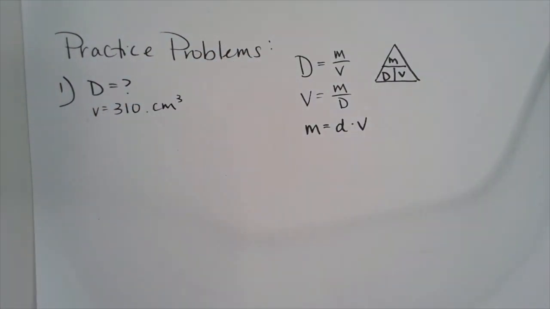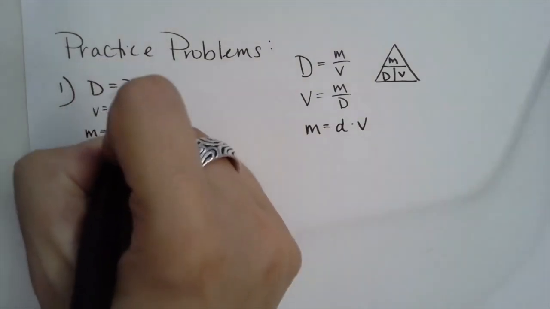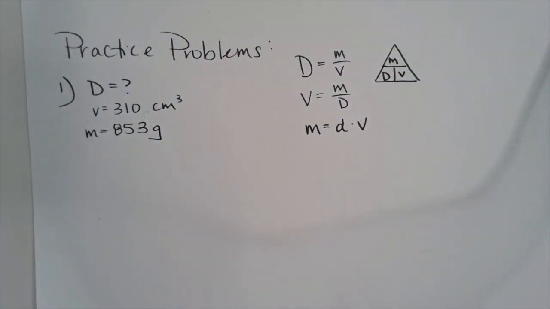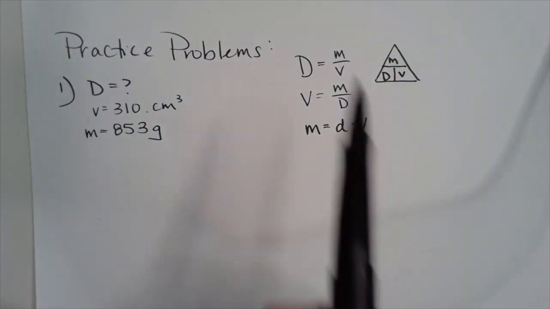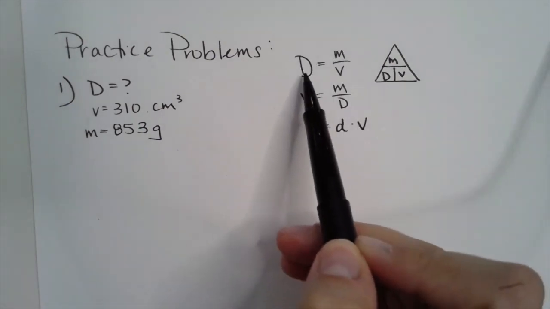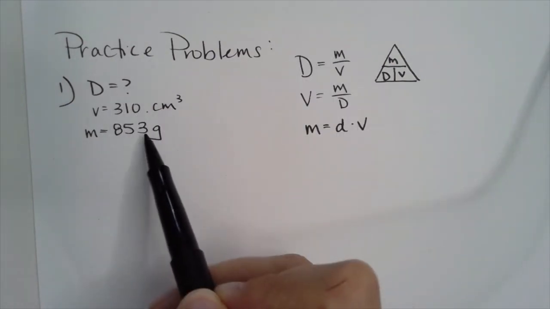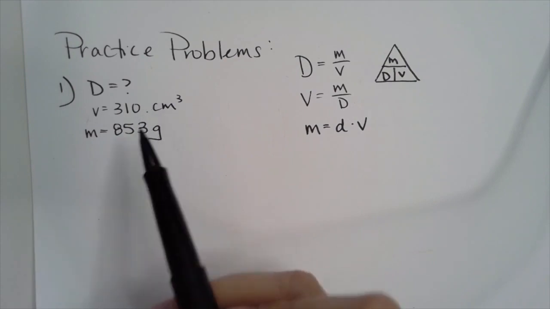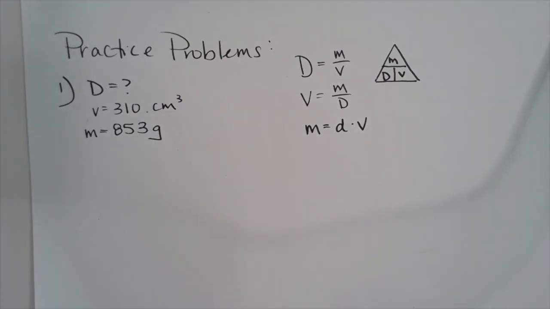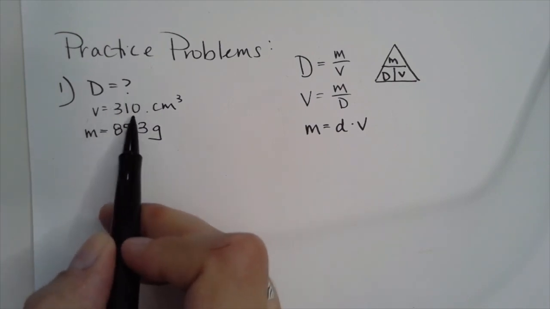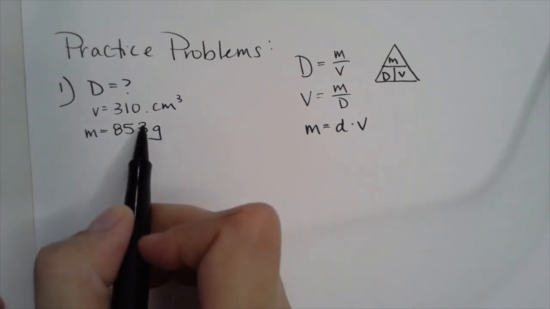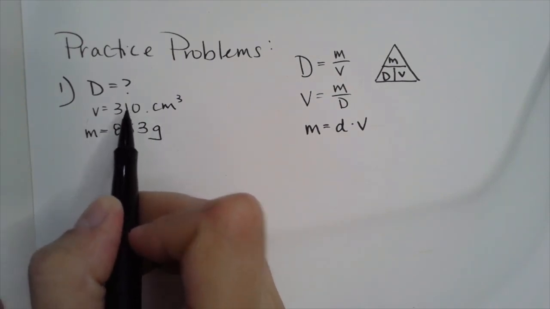So 310 centimeters cubed, and it has a mass of 853 grams. Notice we need to use this top equation here because we want to find the density. We have to take the mass divided by the volume. Just to make sure you're plugging your numbers in correctly, a lot of times students will plug in the 310 over the 853, and that's incorrect because you always have to use the mass divided by the volume.